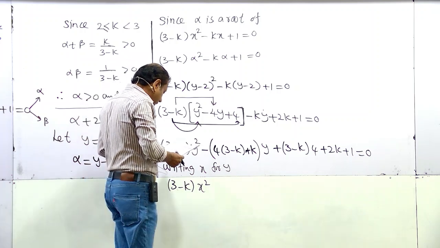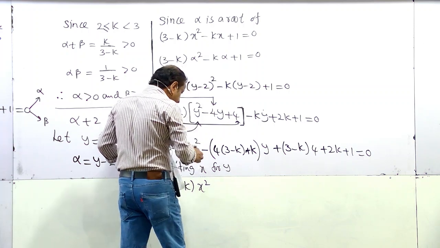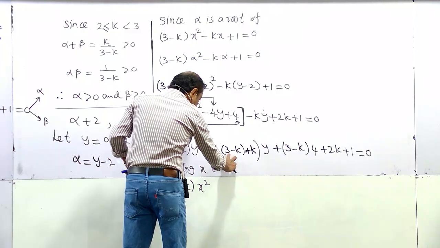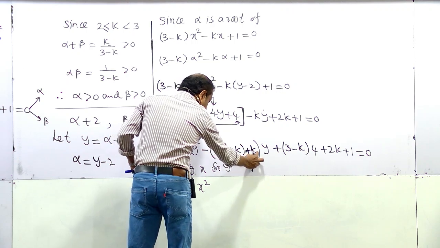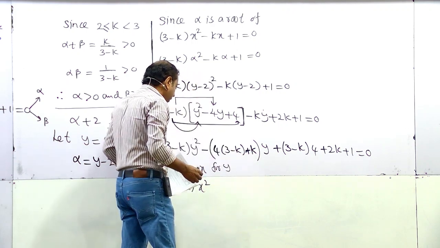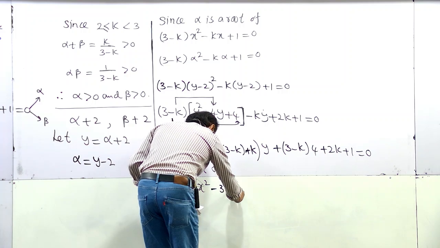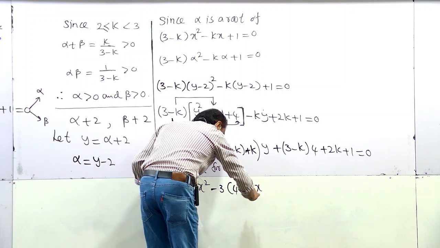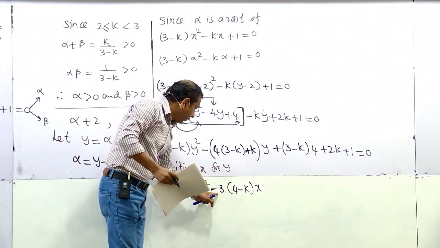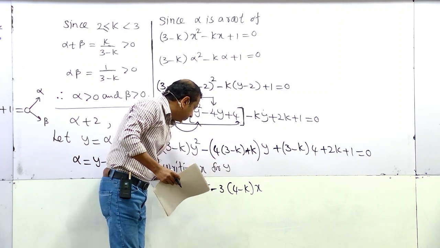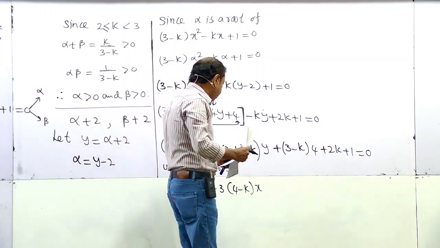And here when you simplify, what do you get? Here 12 minus 4k plus k minus 3k. Then we get minus 3 times 4 minus k x. Then we get minus 12, and we have to have plus 3k there.